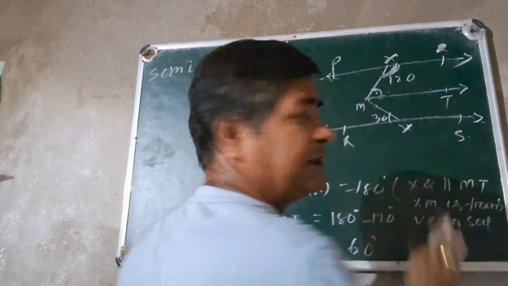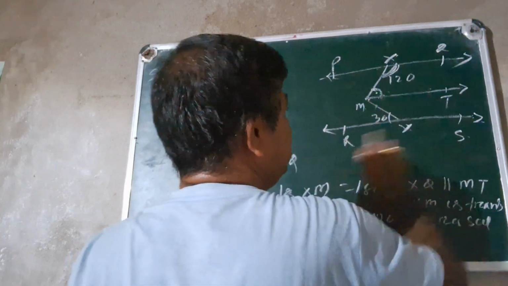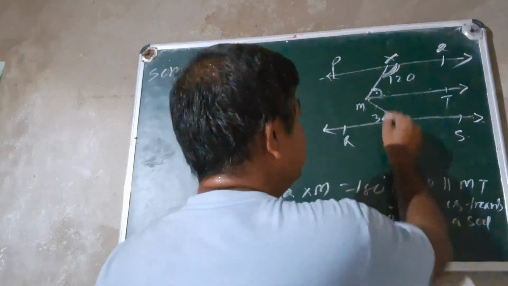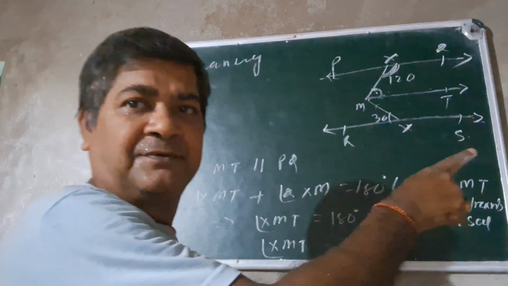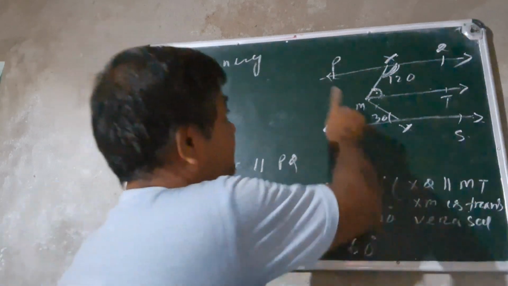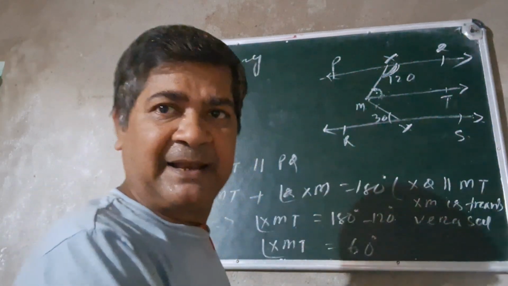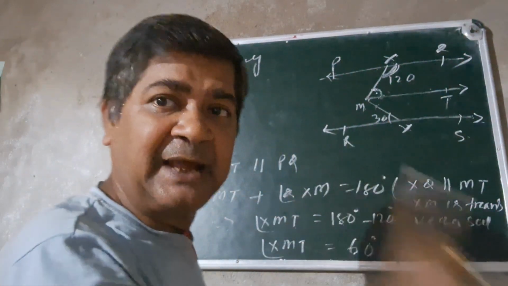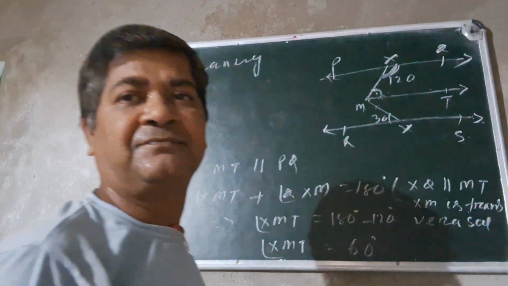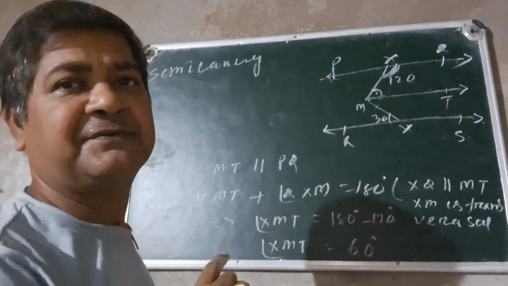MT is the third line. PQ is parallel to RS. It is given. By construction MT is parallel to PQ. Then MT is also parallel to RS.